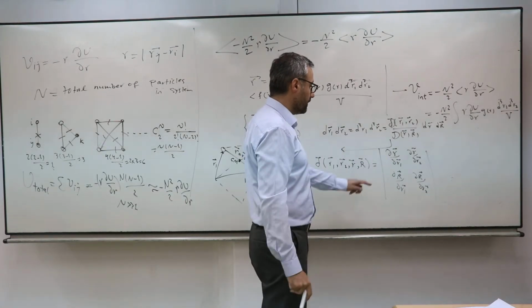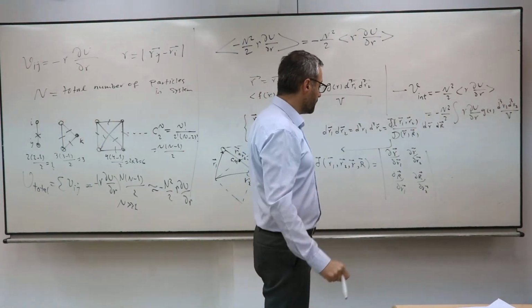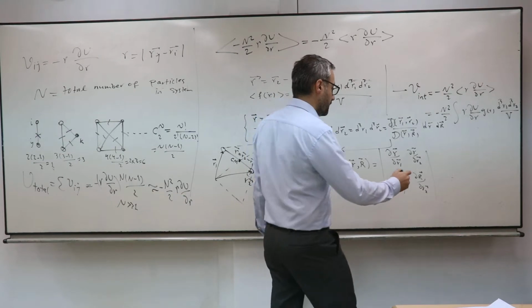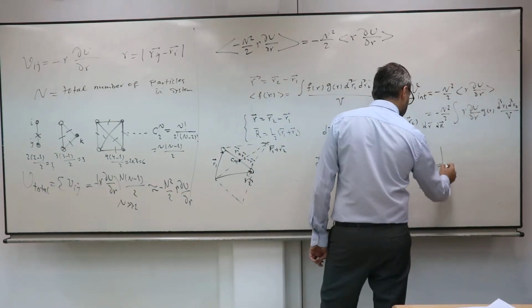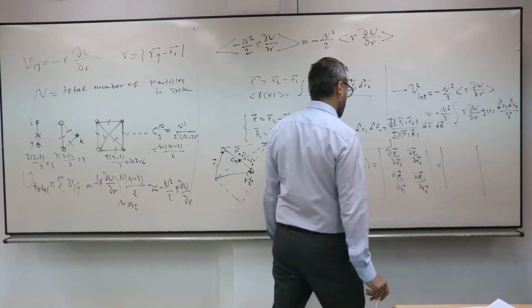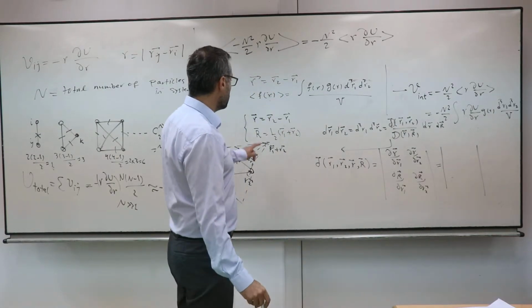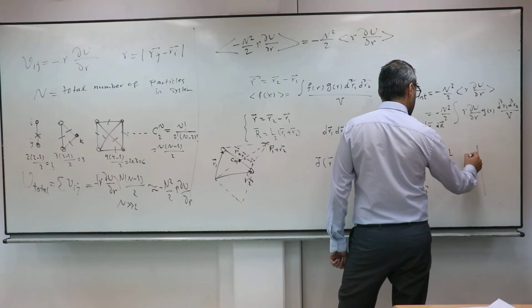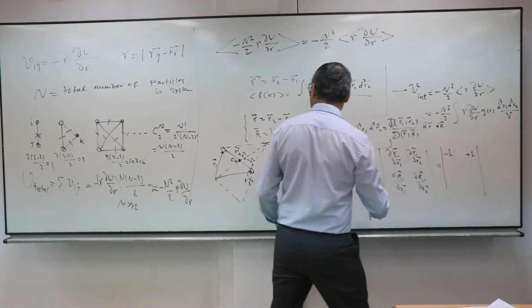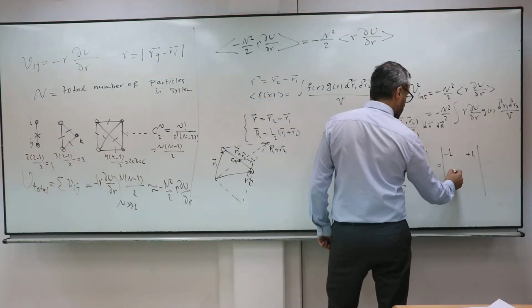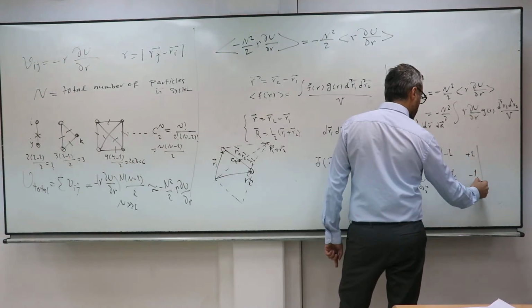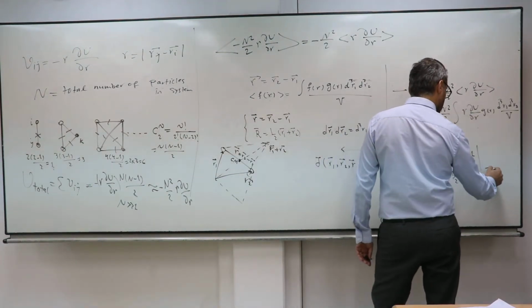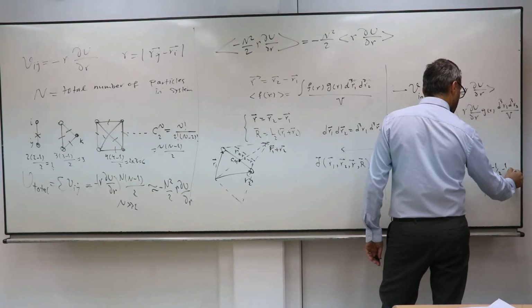I don't want to write that. I write it in vector form, which is an accepted way of writing. So partial r with respect to r1 will be -1, and with respect to r2 it is +1. Partial R with respect to r1 will be 1/2, and 1/2. So that will be -1/2 minus 1/2, which is -1.